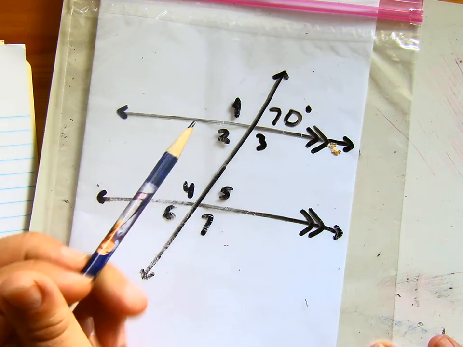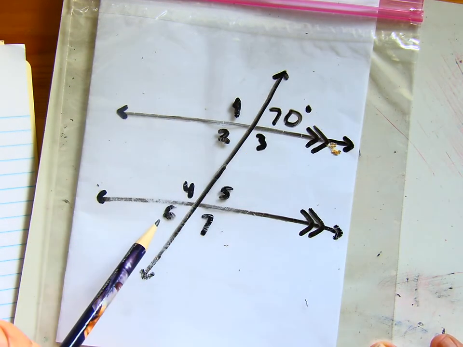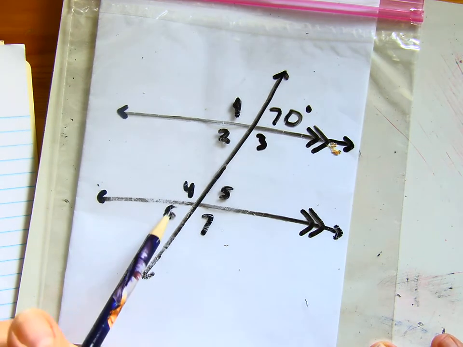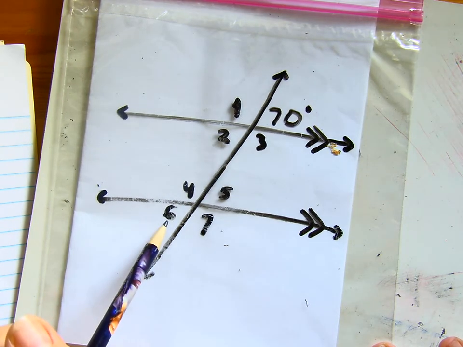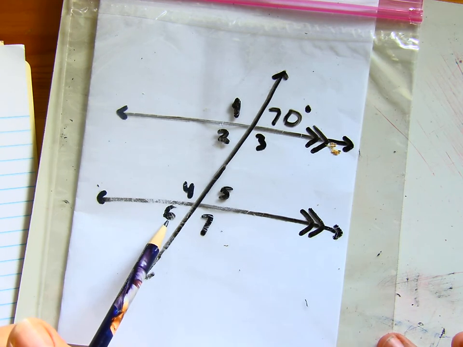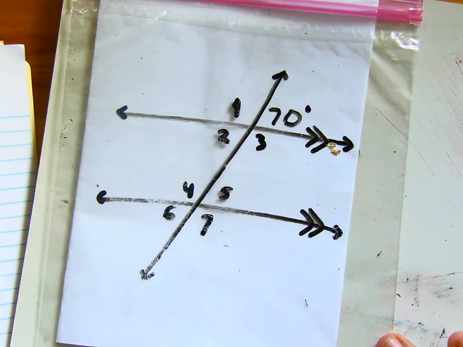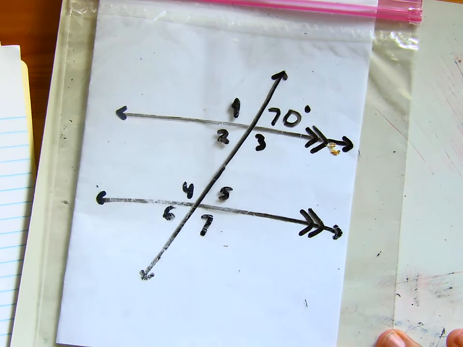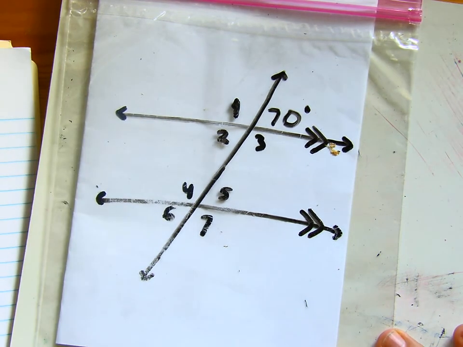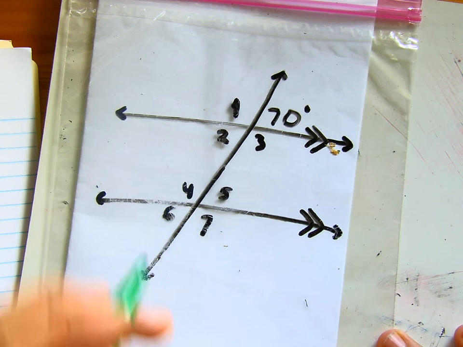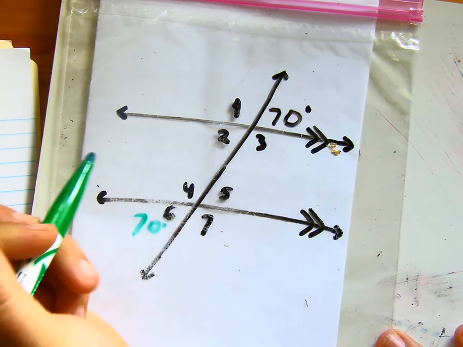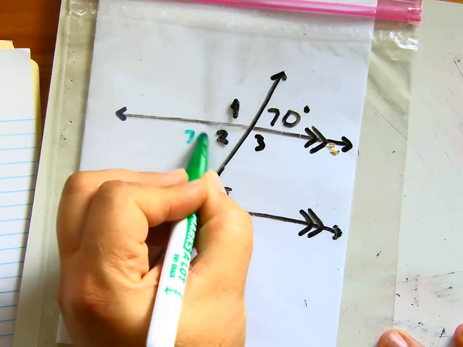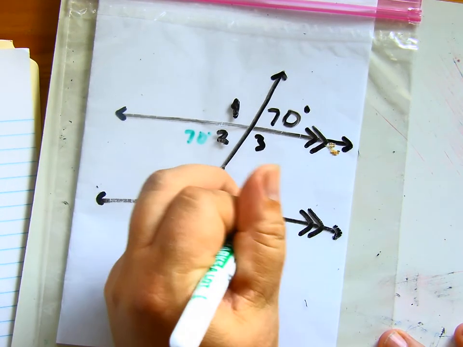Okay, so angle 70 and angle 6 are alternate exterior angles, and so thus they are also congruent, which means they're going to be the same. So this is going to be 70 degrees. Alternate exterior angles. We discovered this is 70 degrees and this is 70 degrees.